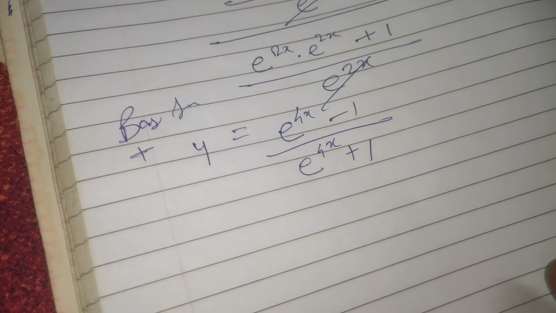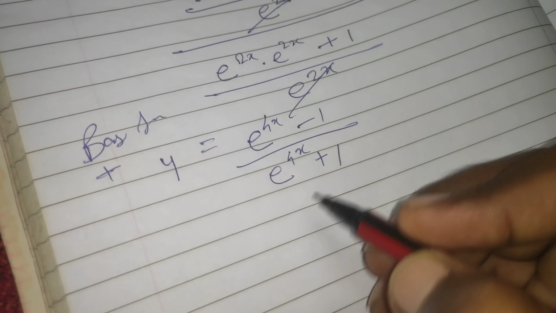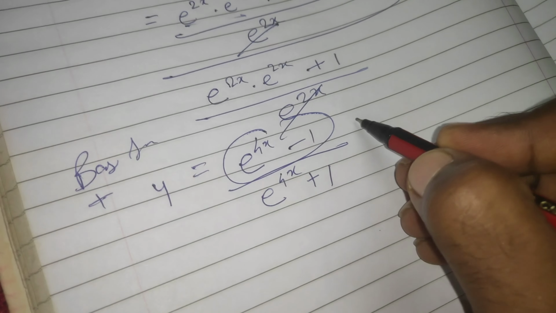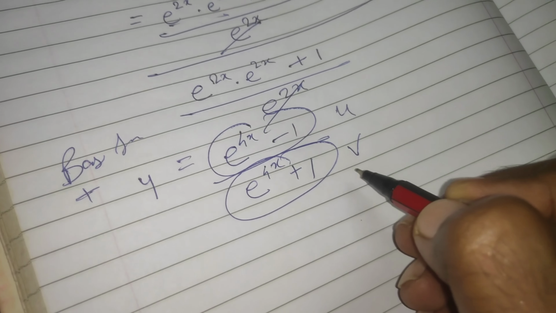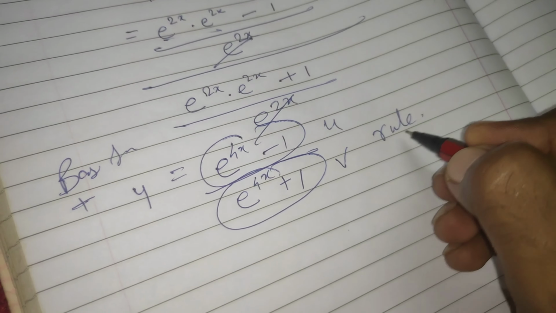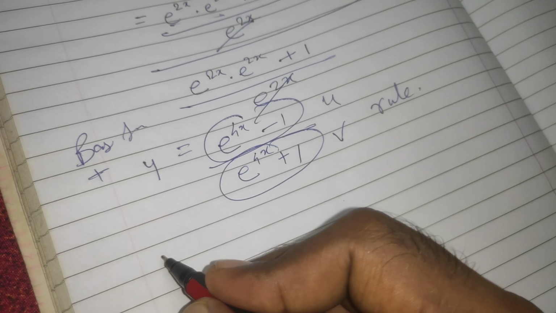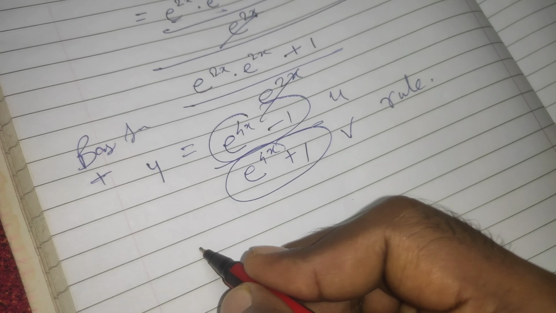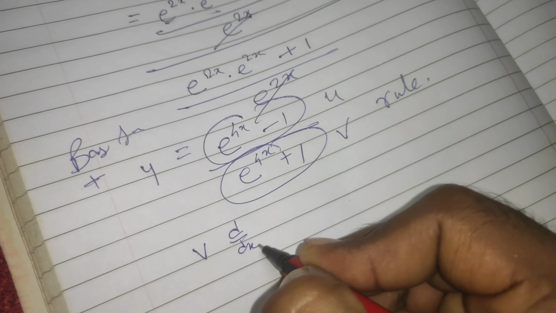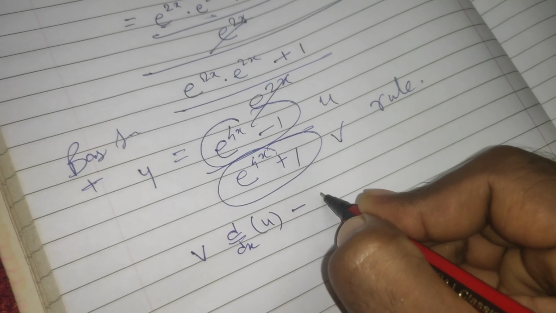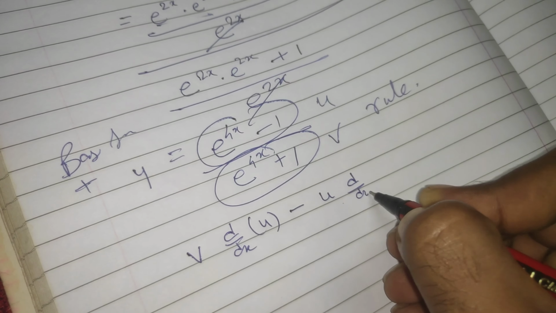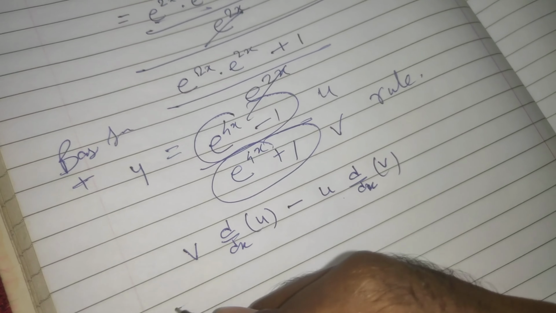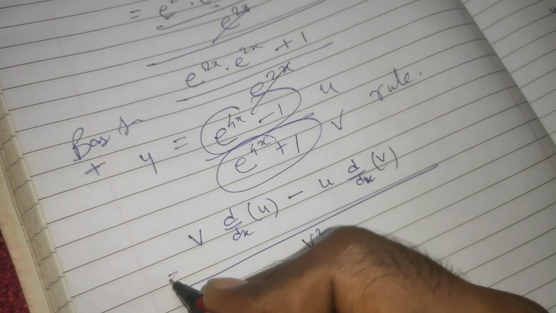Now here we are going to differentiate it by the u by v rule. We are going to apply the formula of u by v, which is v times the derivative of u with respect to x, minus u times the derivative of v with respect to x, divided by v square.